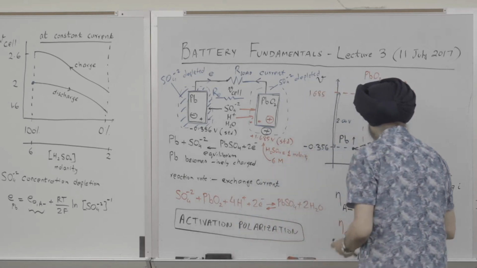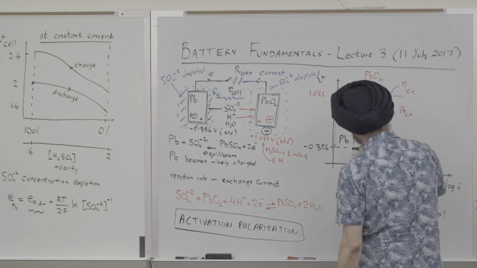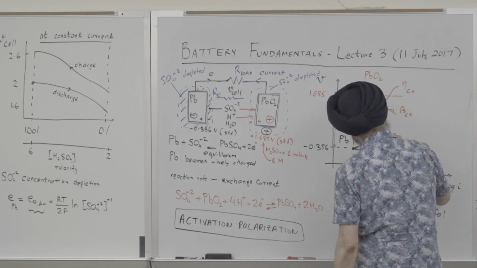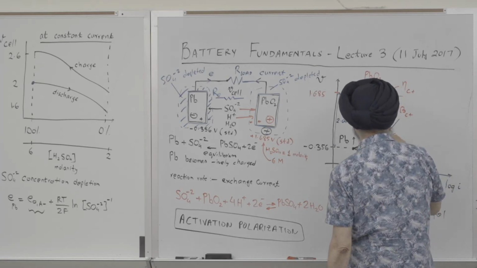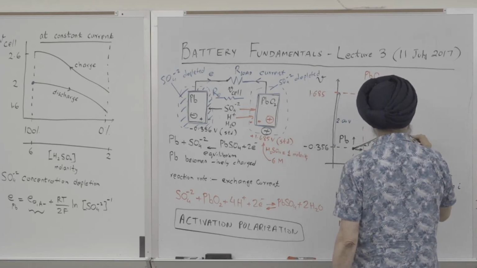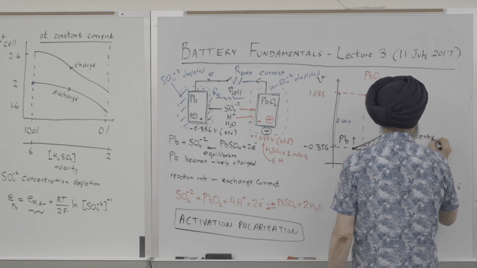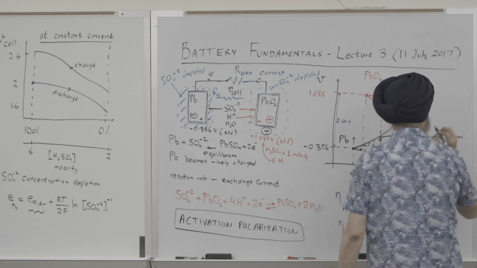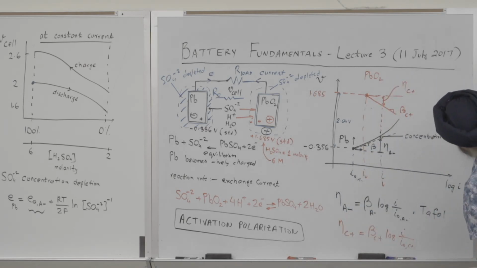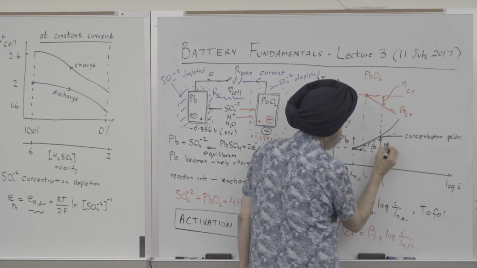So this was the activation polarization. Because of concentration polarization, this curve takes an upward move. So this little jog over here is because of concentration polarization. That's a little increase.